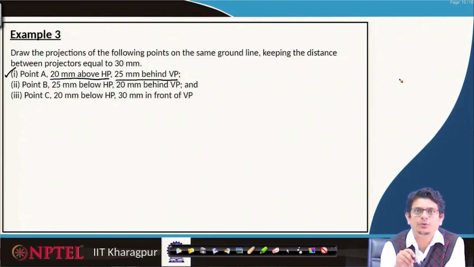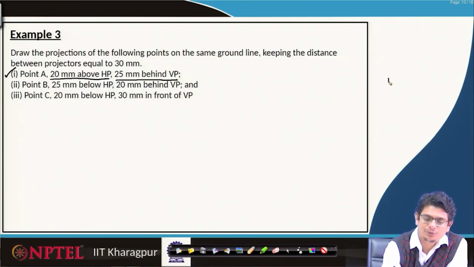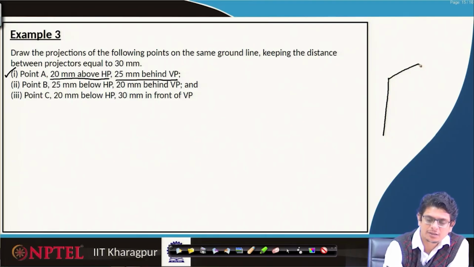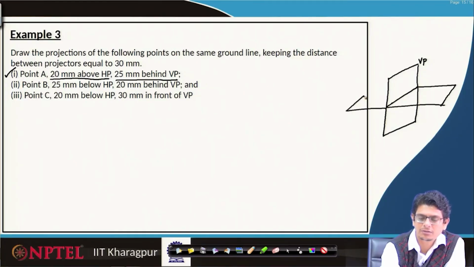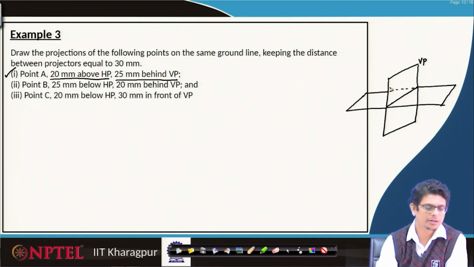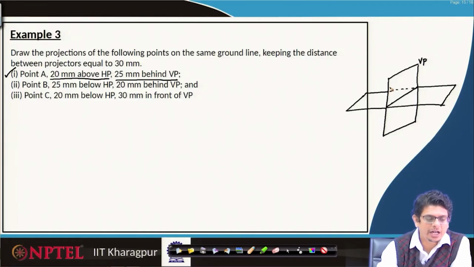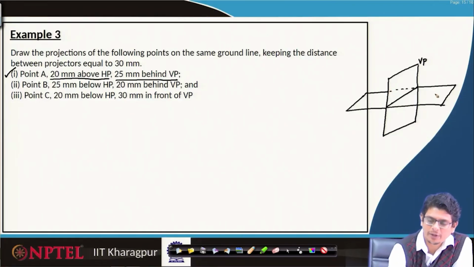For that, first what we have to do is visualize that by making a vertical plane. Perhaps that might be the horizontal plane. Now what we have is point A 20 millimeters above horizontal plane.